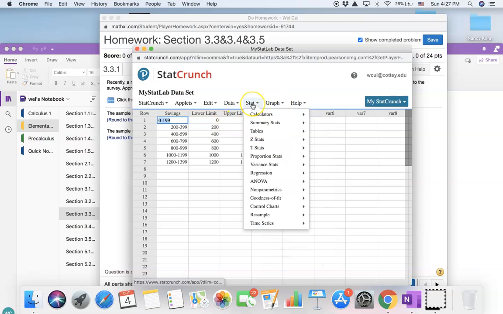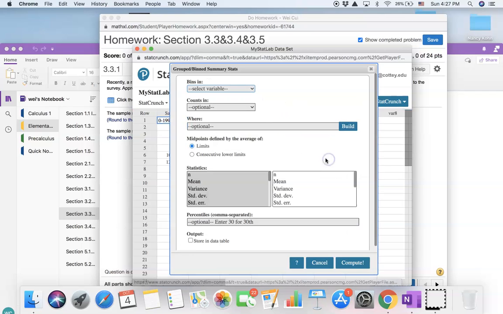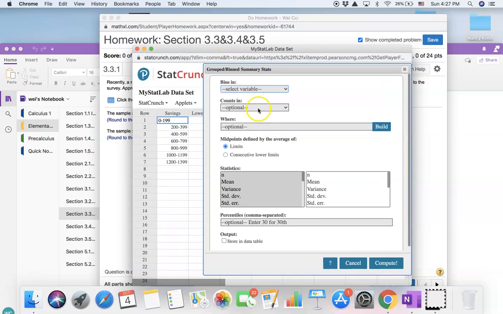So we go stat, and then we select summary stats, and we go to the grouped data. So there are 2 options we need to select. First one is the name of your categories, or the column of your categories.